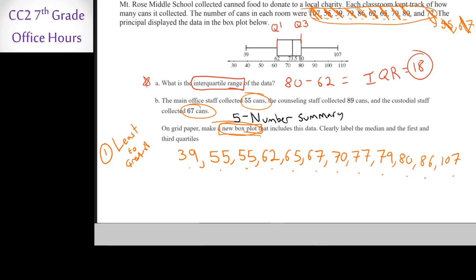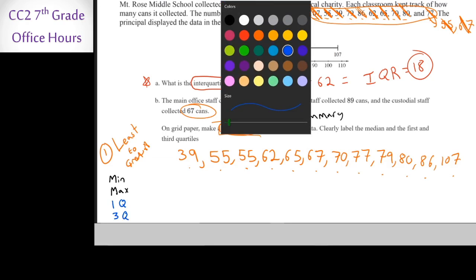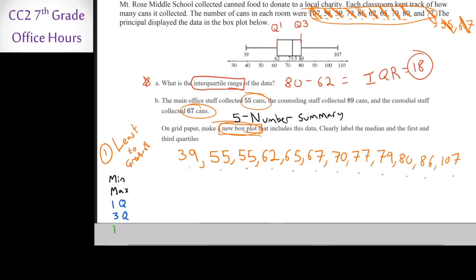So your 5-number summary uses 5 different points of data. You've got a minimum, a maximum, and then you also have a first quartile, which I'm just going to list as 1Q, and a third quartile, 3Q, and then you also have a median.